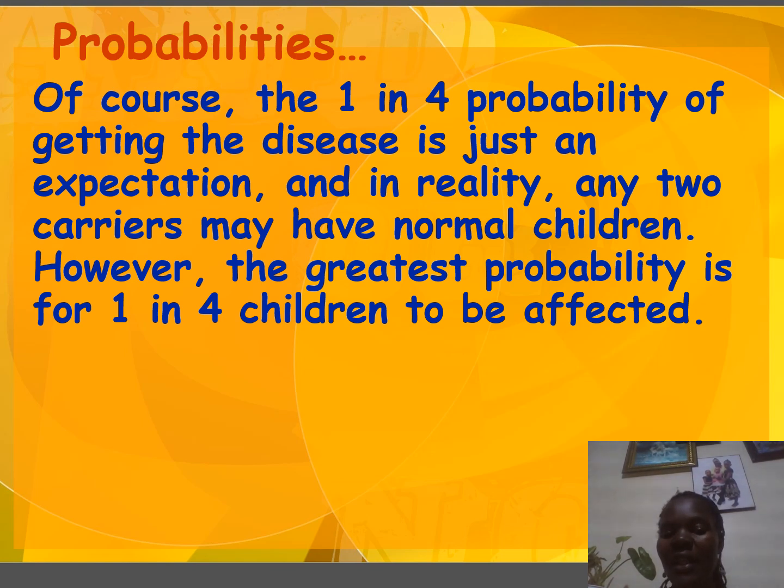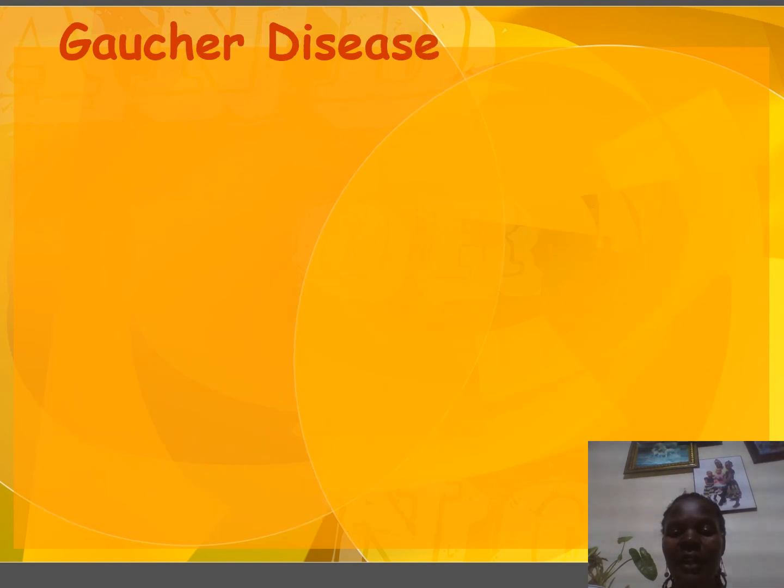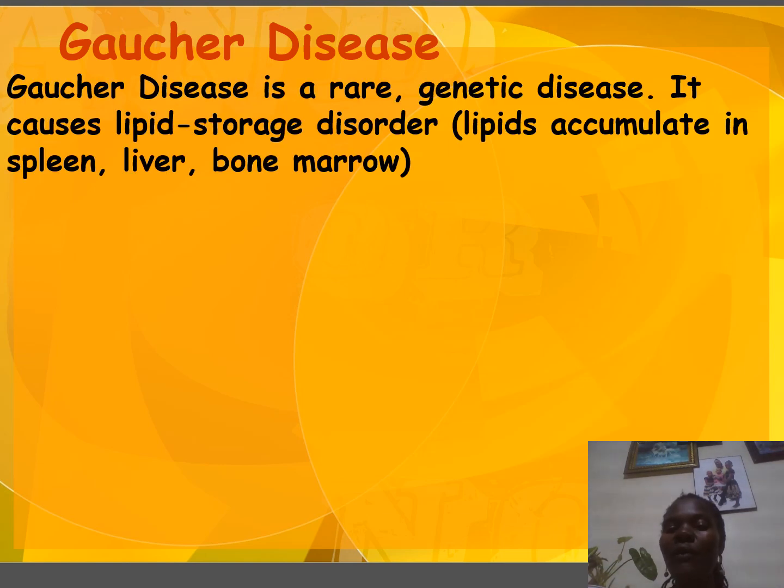In reality, any 2 carriers may have normal children. However, the greatest probability is that 1 out of 4 children will be affected. So 1 out of 4 is the homozygous recessive. The other 3 are normal. The phenotype shows normal. So it's by chance that 25% of the offspring will be affected. So that is the law of dominance.